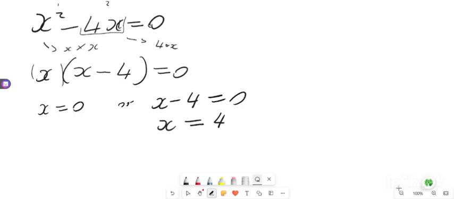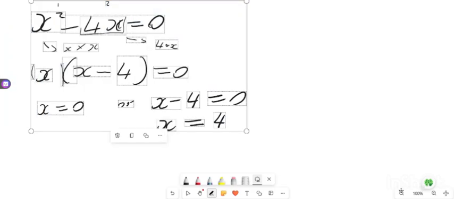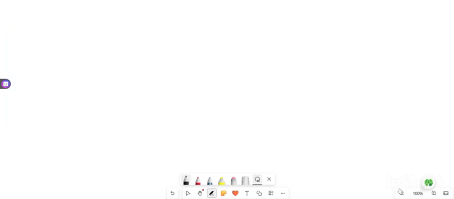So let's do another question finally. Let's say you have x squared plus 3x equals 0. To keep the common factor, what is common in these two terms? It's x.